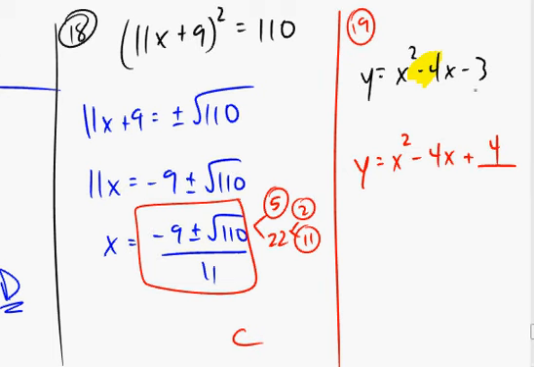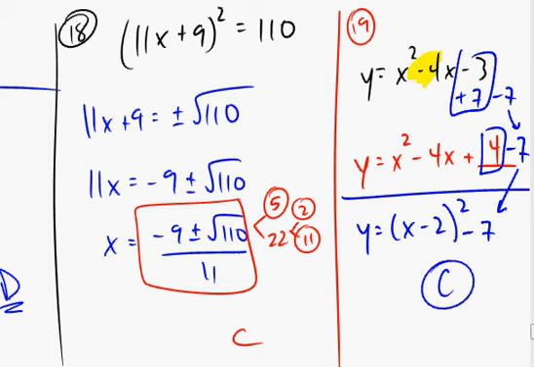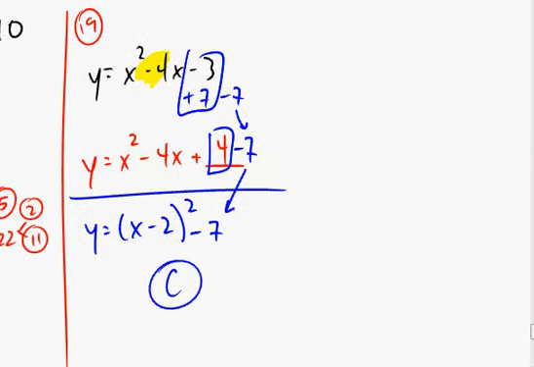So I'm going to write plus 7 minus 7. These make this. Factor that like this, and then the minus 7 is out there. That is C. So we're going so fast here. We only have 2 minutes left.